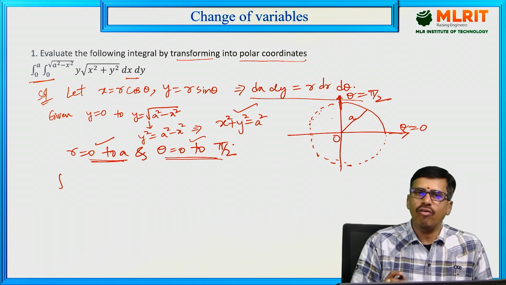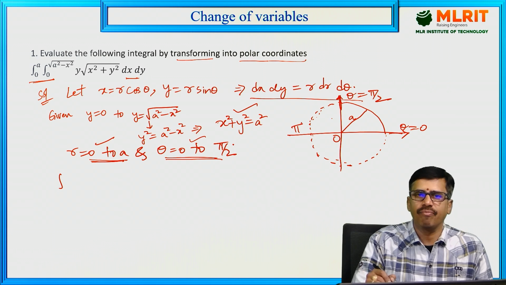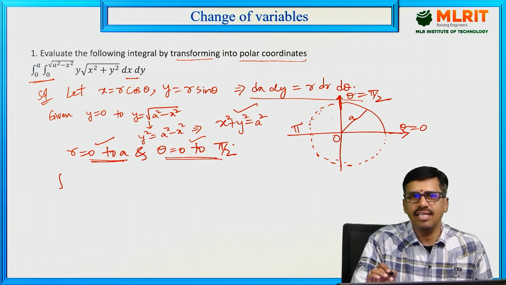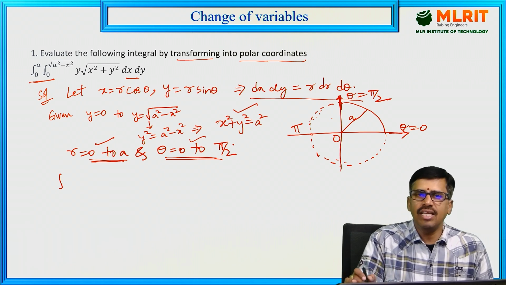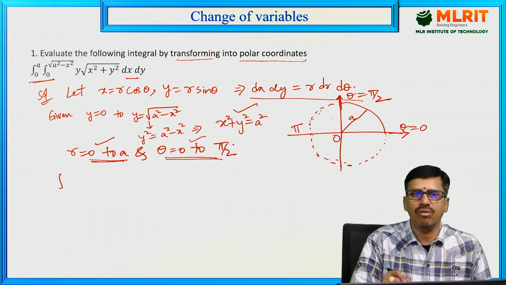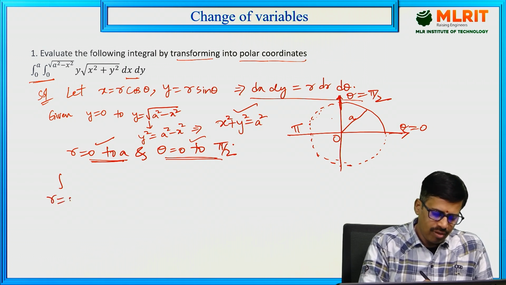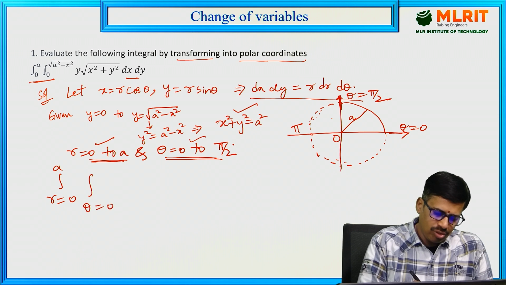Suppose the region of integration is in the upper half of this circle, then theta varies from 0 to pi. But here the region of integration is only in the positive quadrant, that is the first quadrant. Whenever the region is in the first quadrant, theta limits vary from 0 to pi by 2. So r equal to 0 to a, theta equal to 0 to pi by 2.